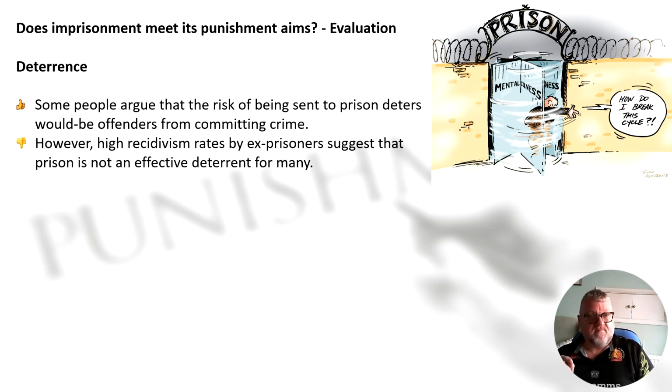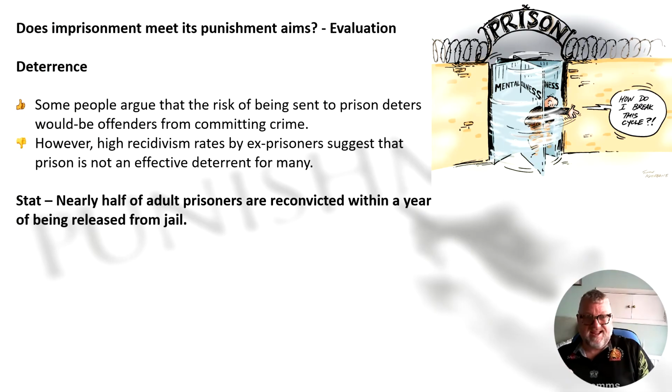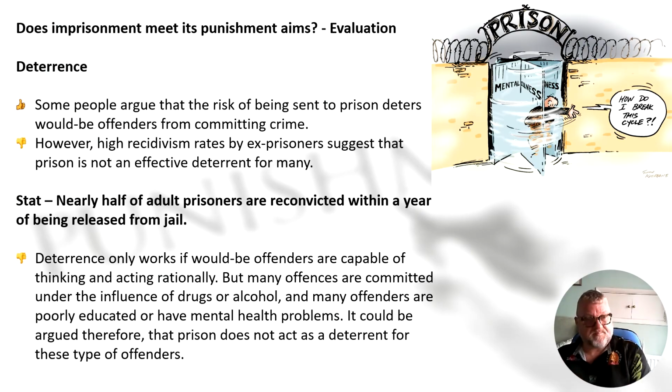However, if we start to look at the high recidivism rates, particularly by people who've been to prison, that suggests that actually it's not an effective deterrent for many people. Nearly half of adult prisoners are re-convicted within a year of being released from jail. Nearly half.